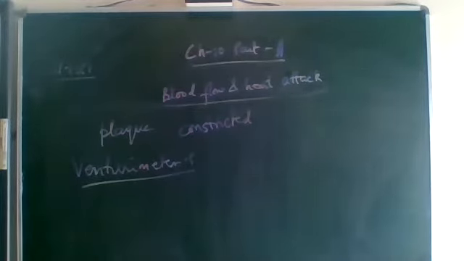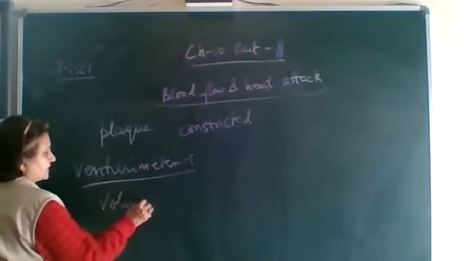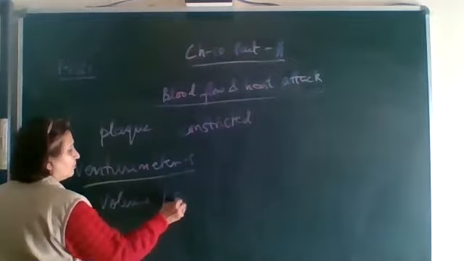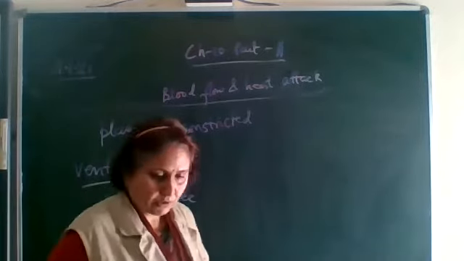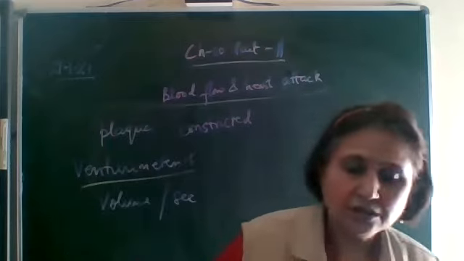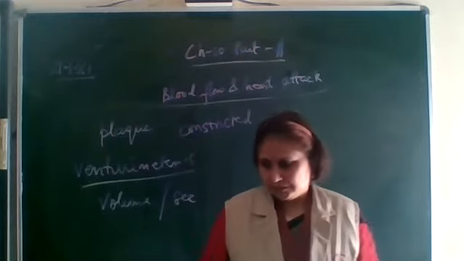Now, rate of flow of liquid is the volume of the liquid flowing per second. How do we define it? It is the volume of the liquid flowing per second.